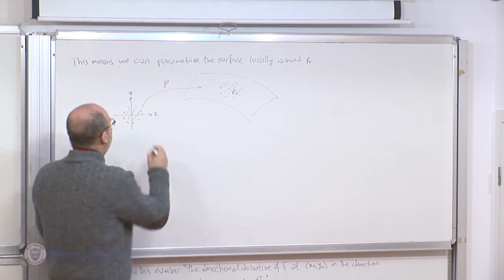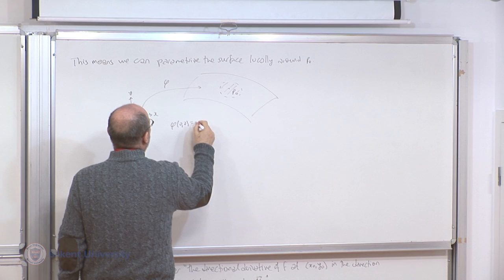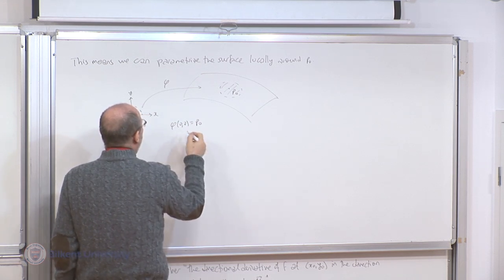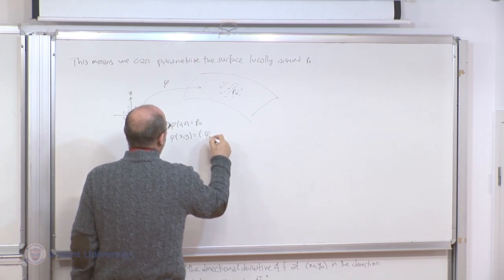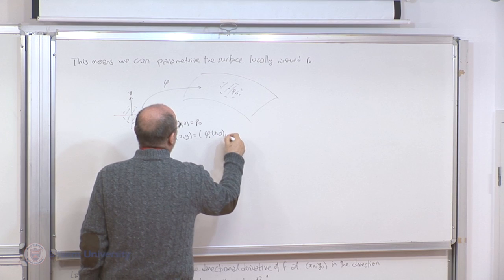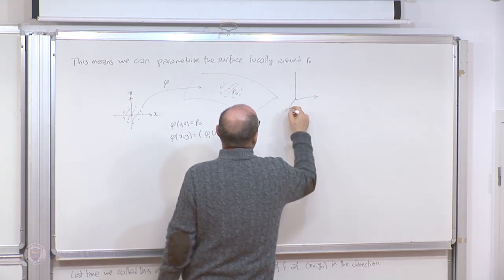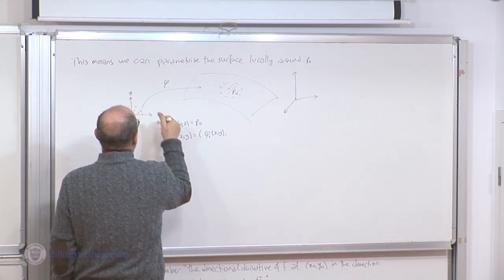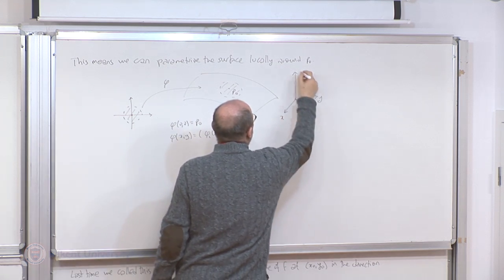So any point here, suppose 0, 0 goes there, phi of 0, 0 is p sub 0, and phi of x, y here is say phi 1 of x, y, because this is in 3 dimensions. Maybe I use s, t here so that I can write x, y, z.